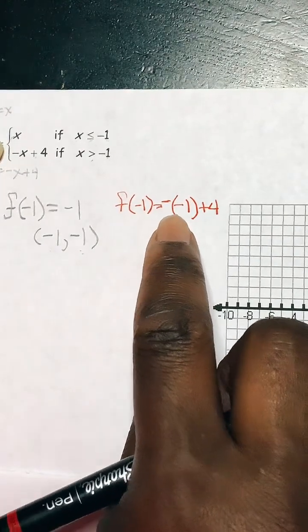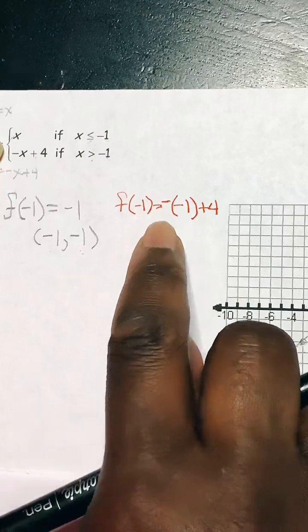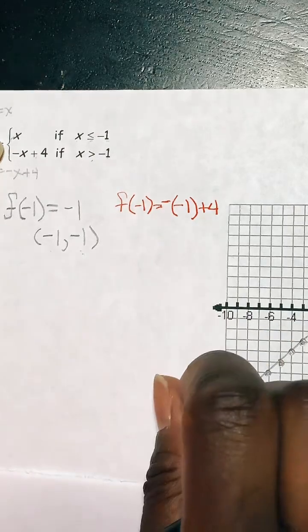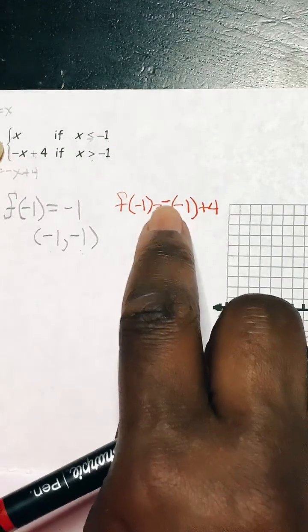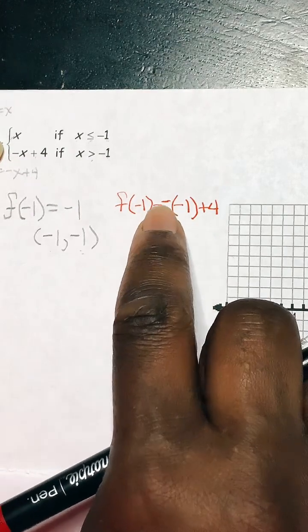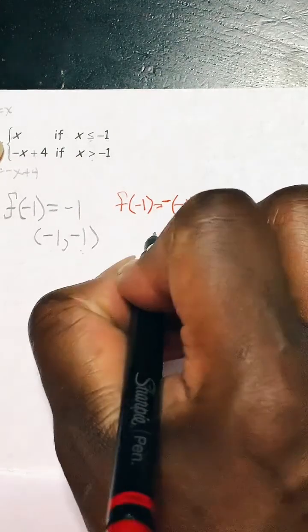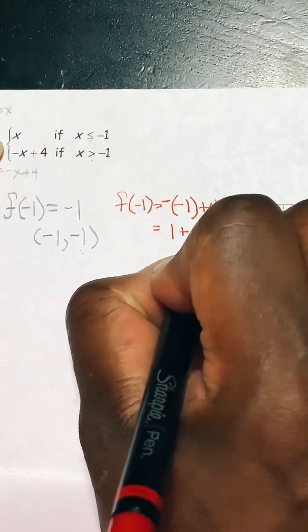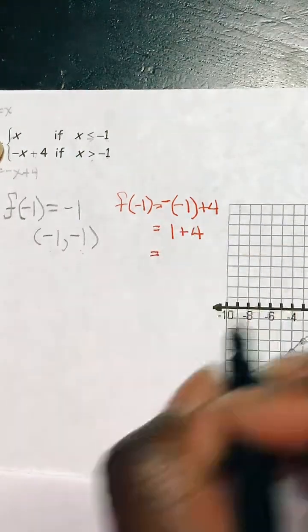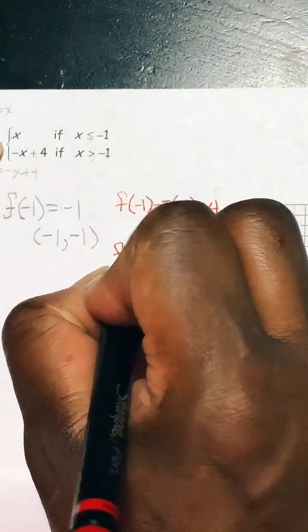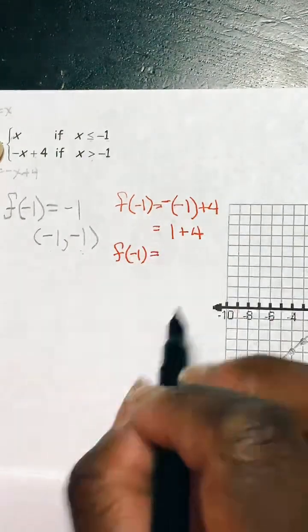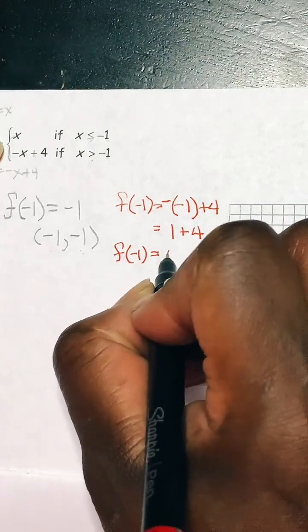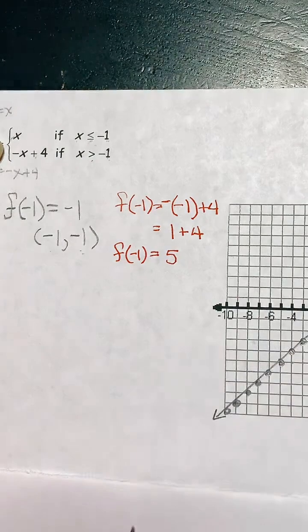Oh, there's a -1. You make this negative and that negative into one long negative. No, no, no, no. It's a negative times a negative. Negative times a negative gives me a positive. Bring down my plus 4. That means my f of -1 equals 5.